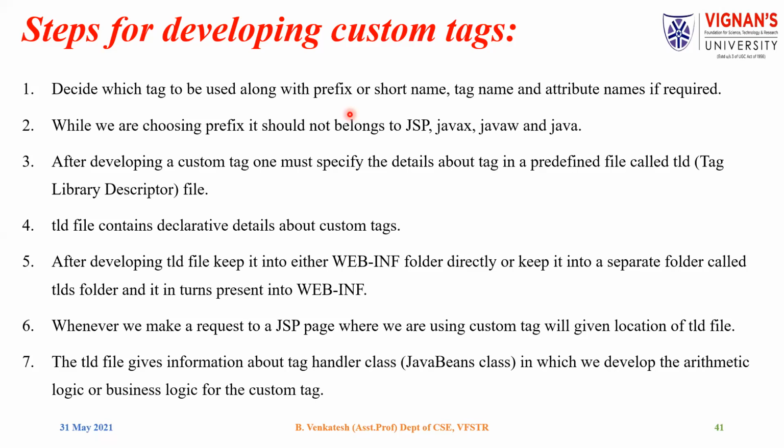Like in C or any programming language, we need some predefined names, for example int, string, float, which are used for declaring the data type of a variable. In a similar way, to specifically define a particular operation, we need to give some name to that particular code. We give that in the form of a prefix or short name.